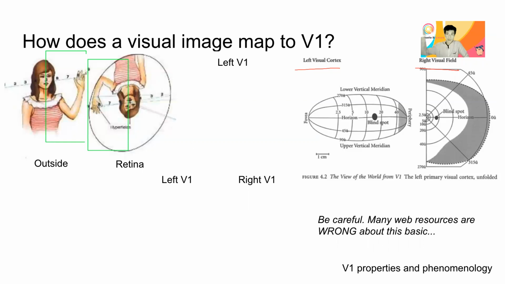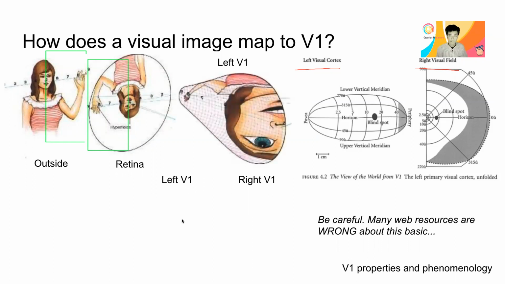Okay, the right side, left hand now projects onto the right side of the retina. And then the side is kept onto the left visual V1, and it's magnified at the location of the fovea. So the fovea is around here, right? 5 to 6 and so on.